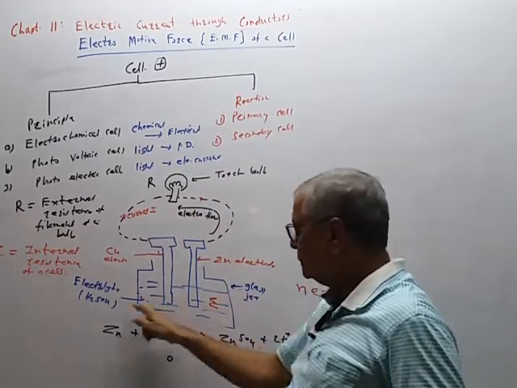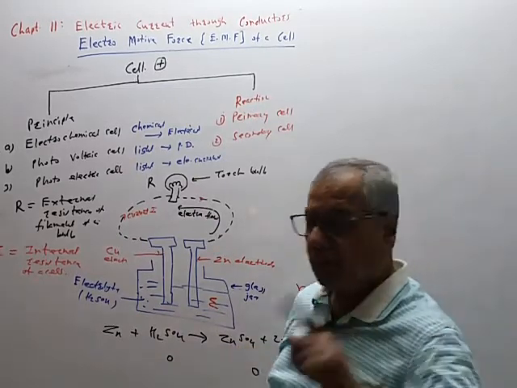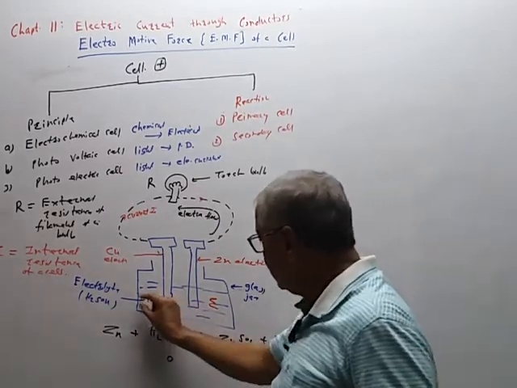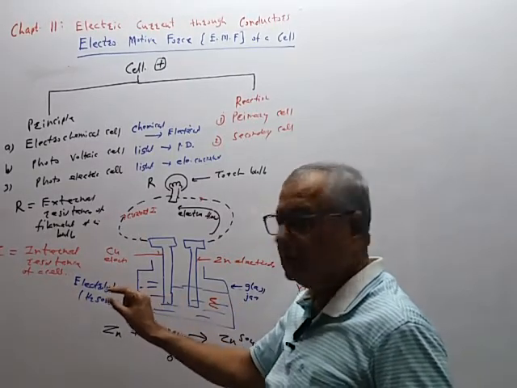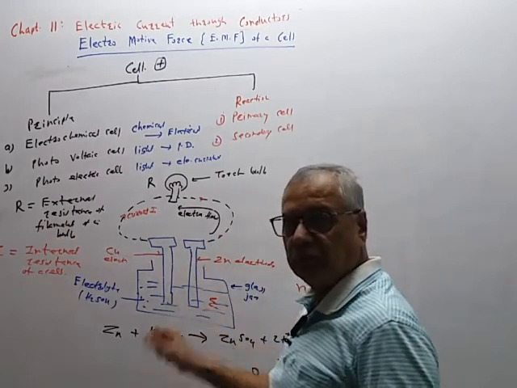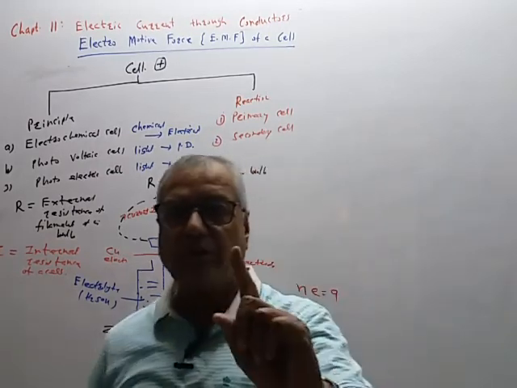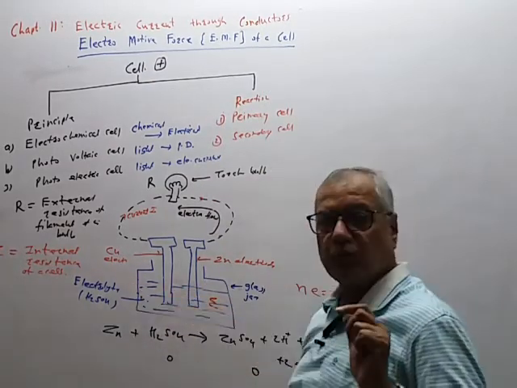Here, this zinc sulfate is in the form of powder. This zinc sulfate is collected inside the glass jar at the bottom. So when electrons circulate, they have to pass through this cell. Inside the cell, there is a powder form of zinc sulfate and an electrolyte solution H2SO4.